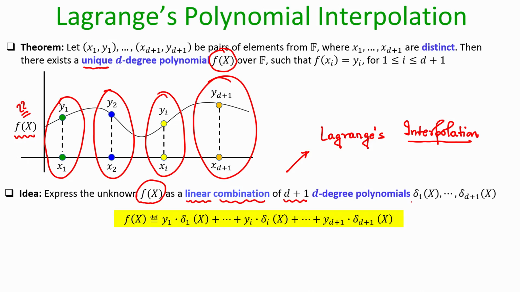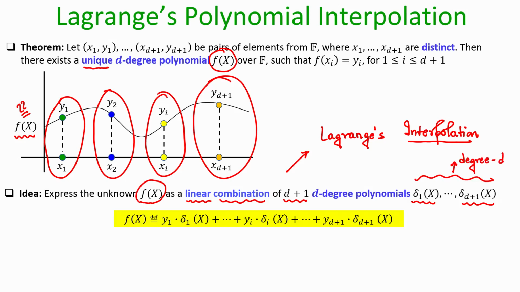Okay. So, I will be finding d plus 1 polynomials, I am calling them delta 1 polynomial, delta 2 polynomial and delta d plus 1 polynomial. Each of them individually has degree d.